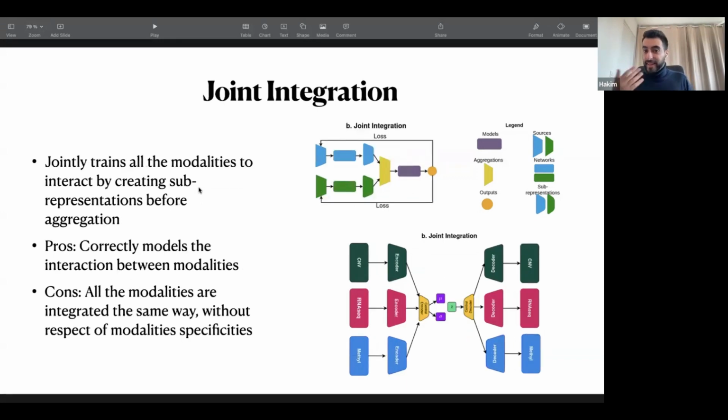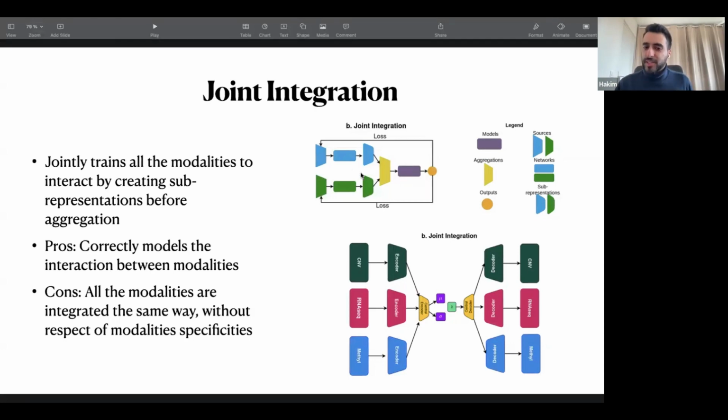And the last type of integration, and the most used for multi-omics integration, is the joint integration, where everything is trained under the same model, but instead of concatenating directly the input or directly the output, we try to build a sub-representation per source inside the same model.